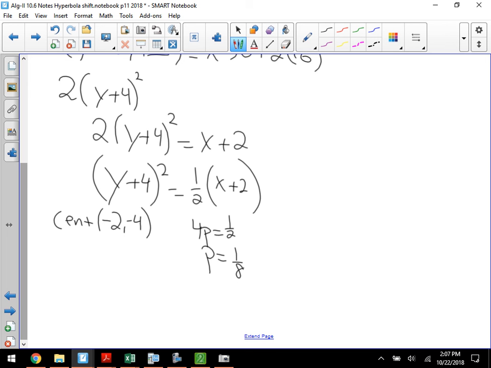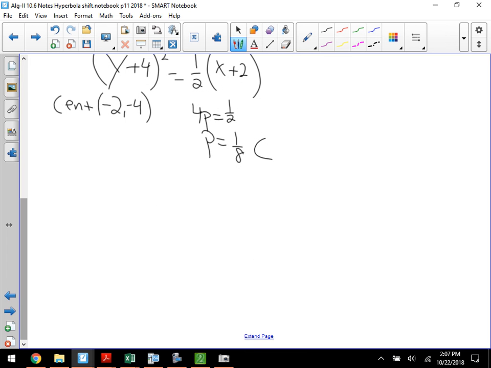So which way does this open? Up, down, left, or right? Right. It opens to the right. It's y squared with a positive p value. Okay, y squared with a positive p value goes to the right. So that gives you a center at (-2, -4).